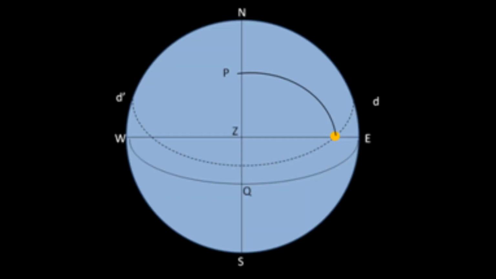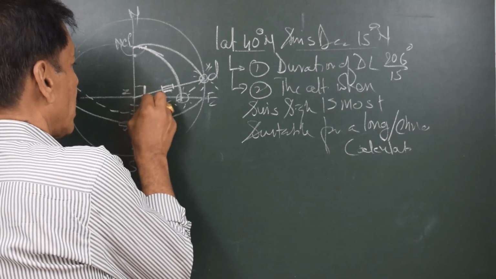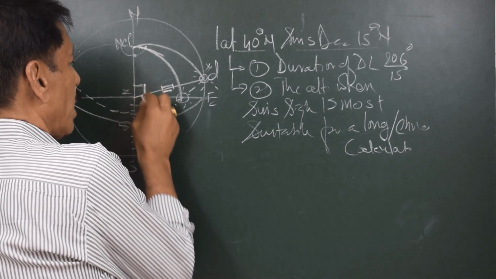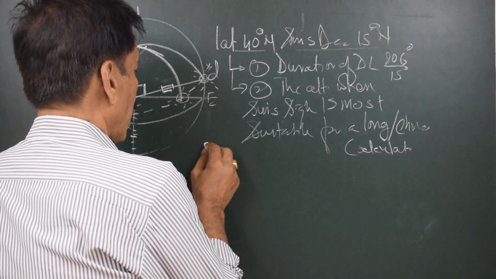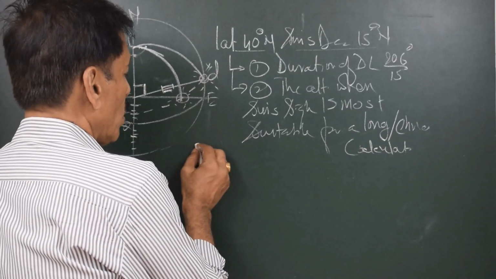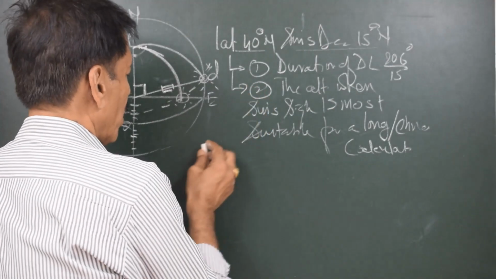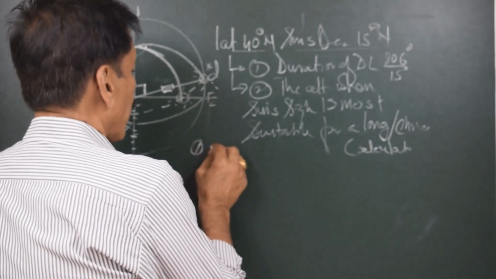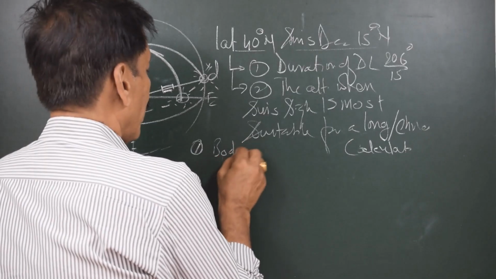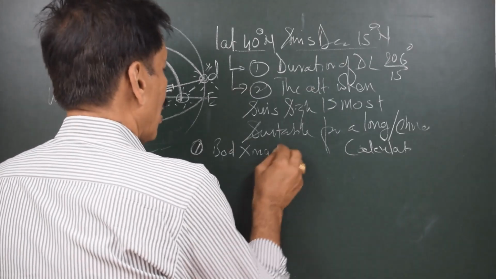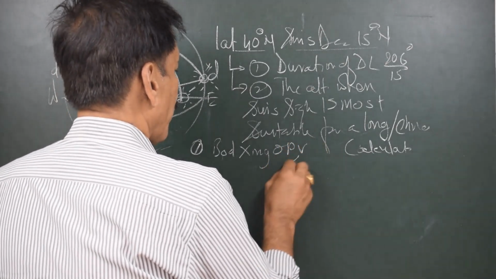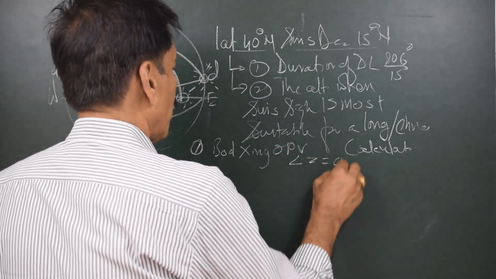Now we are going to work this triangle. So you can see the internal angle Z would be 90 then. So we have the rules. We may remember a few rules. They can be considered the golden rules. Number one, when a body is crossing the observer's prime vertical, angle Z is equal to 90 degrees.